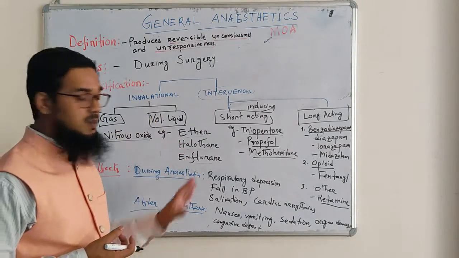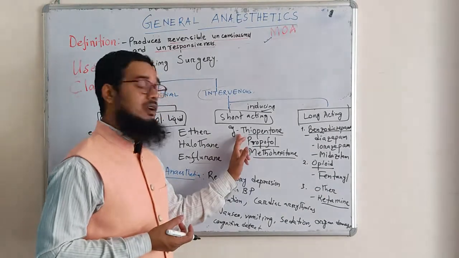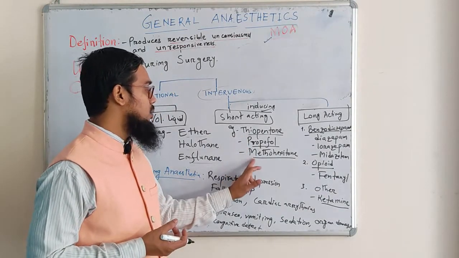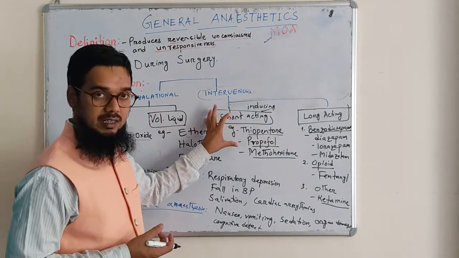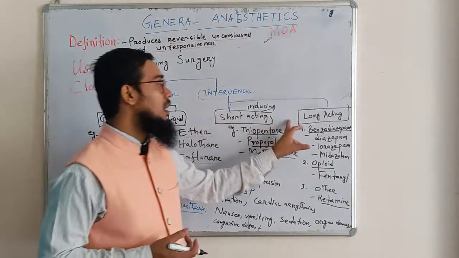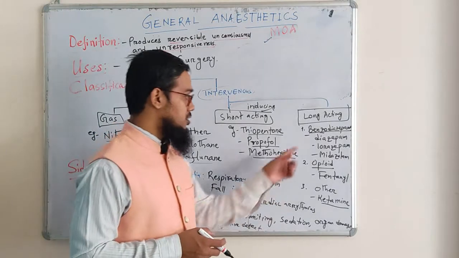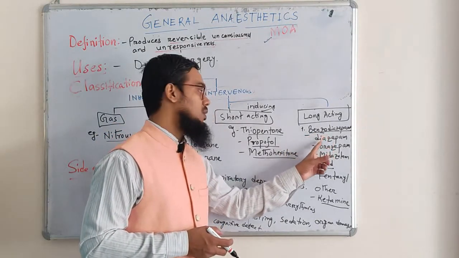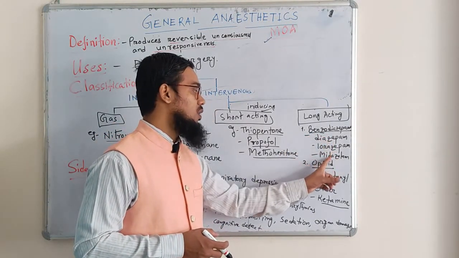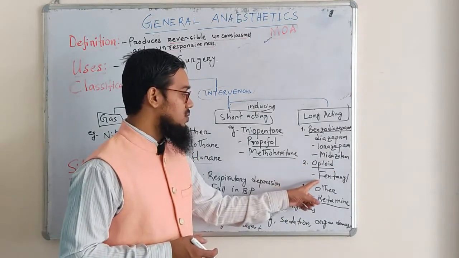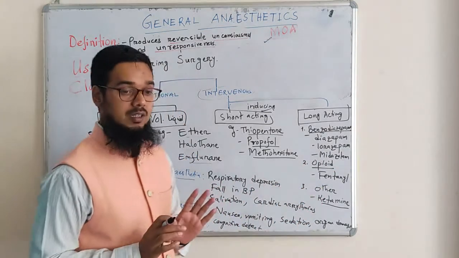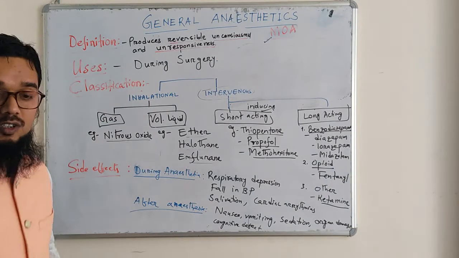Injectable ones are thiopentone, propofol, methotrexate, which are short acting or inducing agents. Longer acting or slow action ones are benzodiazepines like diazepam, lorazepam, midazolam, the opioid fentanyl, and ketamine. This is about the classification of general anesthetics.